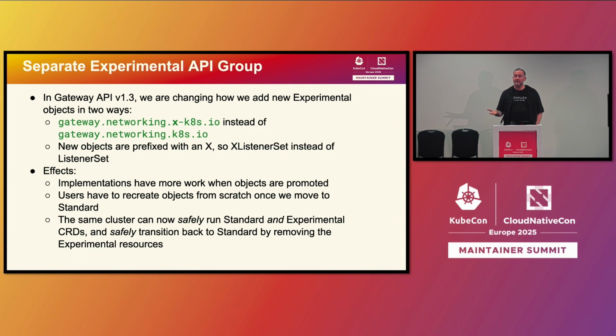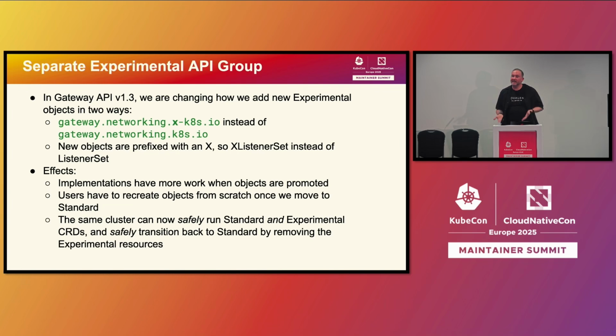For example, ListenerSet: Gateway has an array of listeners, and a ListenerSet lets you take that array of listeners and put it in separate objects. Targeting that to a Gateway, Gateway requires you have at least one listener.